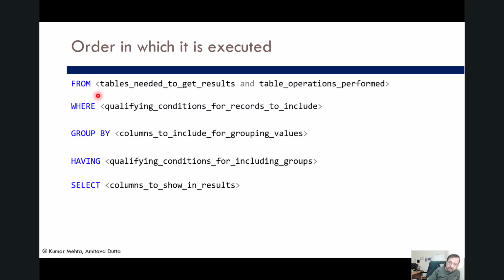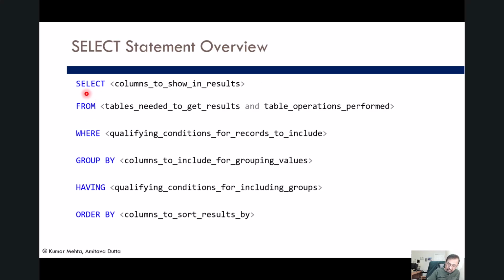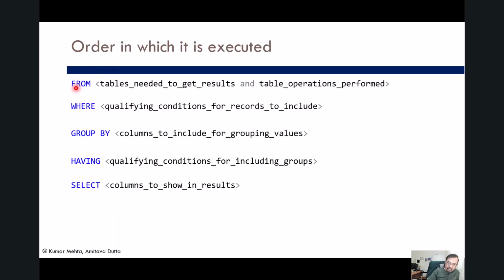So just to repeat, even though we write the select command, the clauses in a particular order that you see over here, when it comes to execution, the from clause is executed first because I first need to know what tables to get the information from. Then the where clause is executed because then I know what rows to take out.